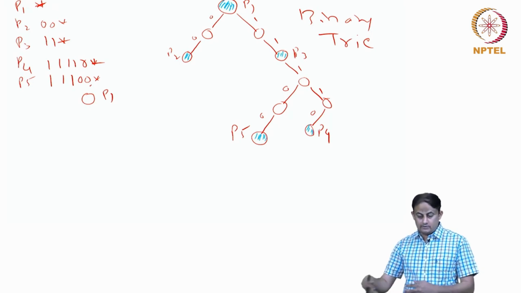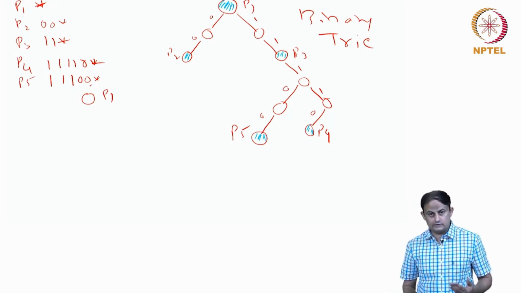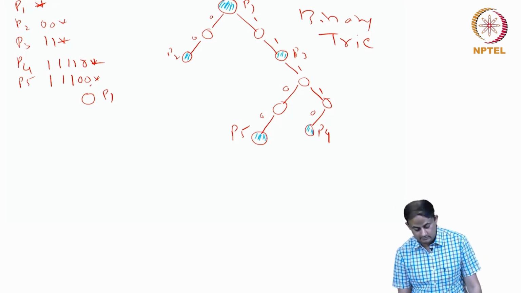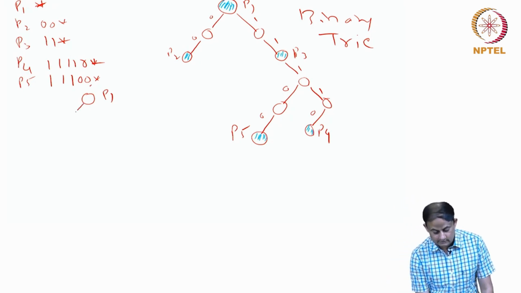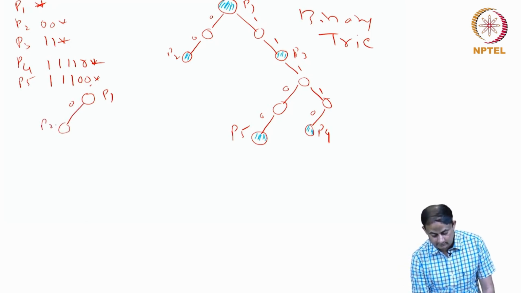If you have multiple of them in sequence, then you eliminate all of them in one go, and remember what is the skip length and what is the segment that you have skipped. So, in this case, if I go to the left, I am going to retain this 0 and make this my P2, and I am going to say that the skip length here is 1 and the segment that is skipped is 0.